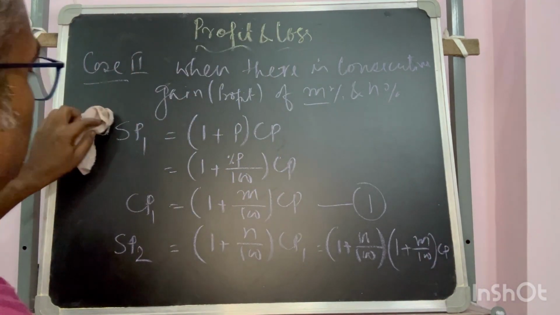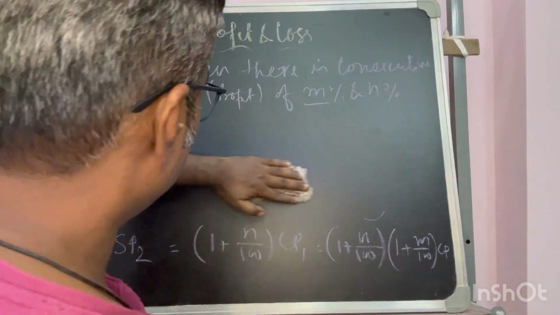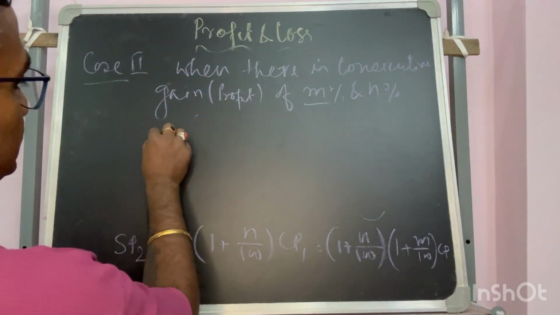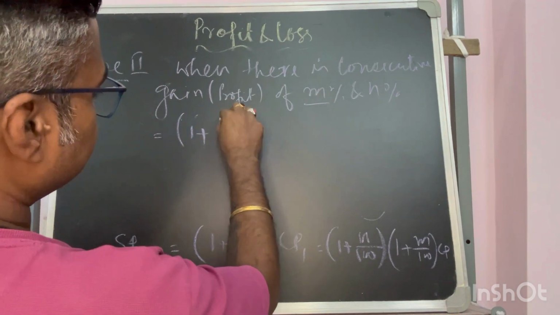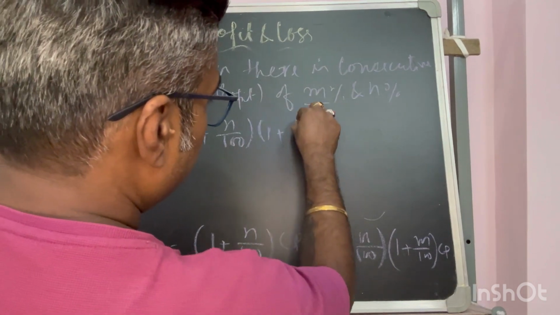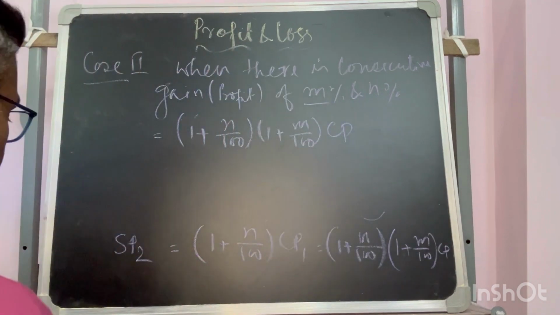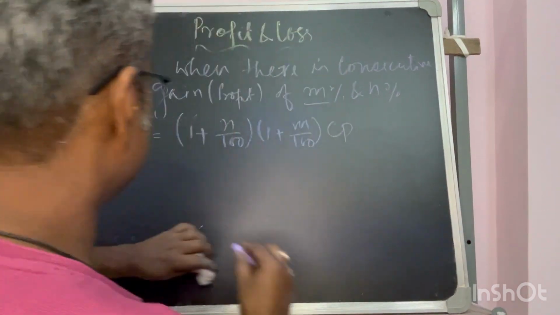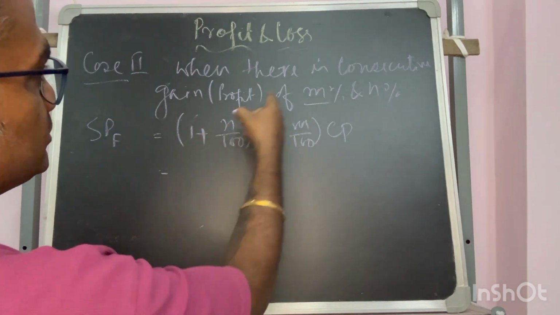Now let me simplify this to get some standard form. This is 1 plus N by 100 into 1 plus M by 100 into CP. I multiply it. This is the final SP, because there are only 2 transactions.